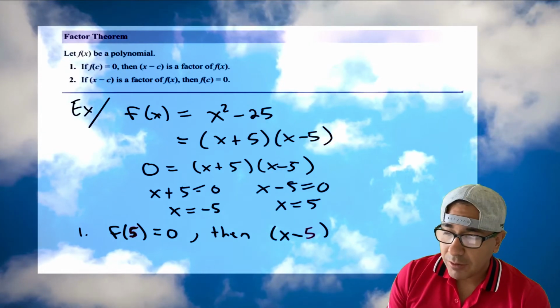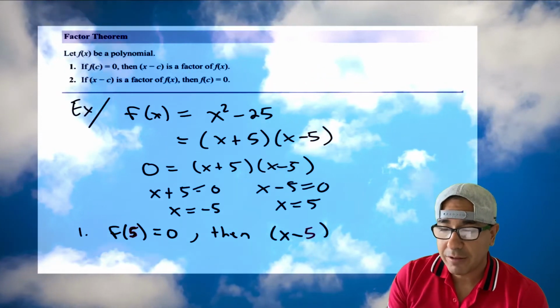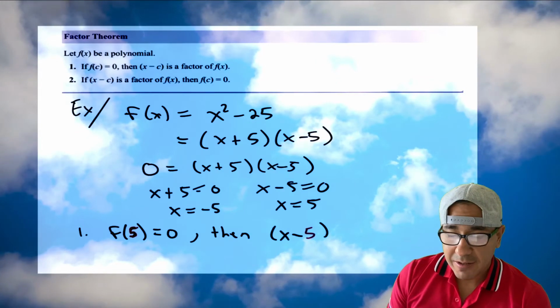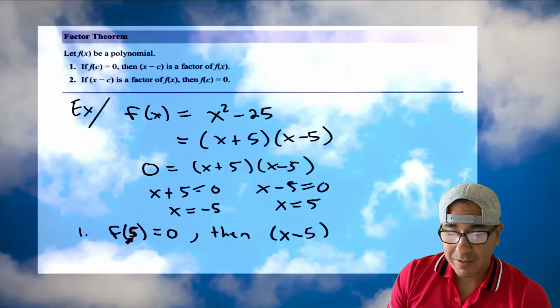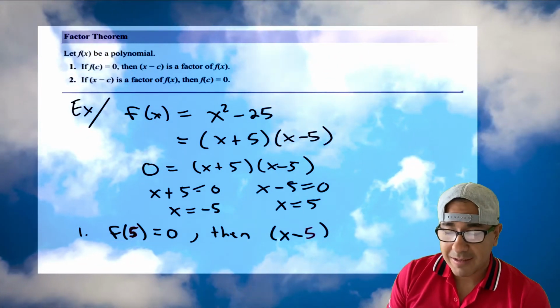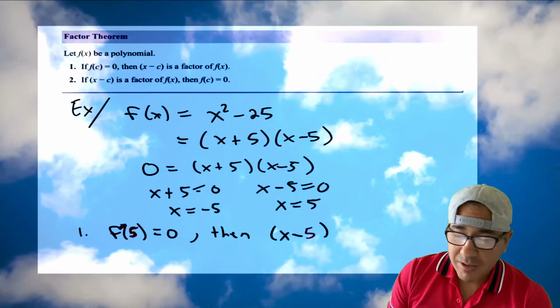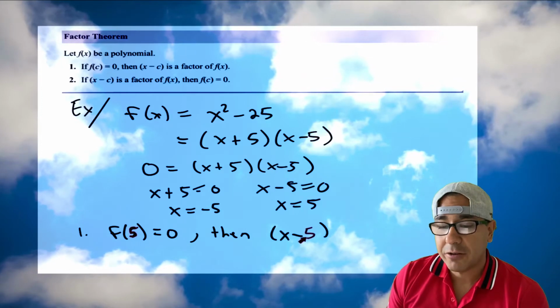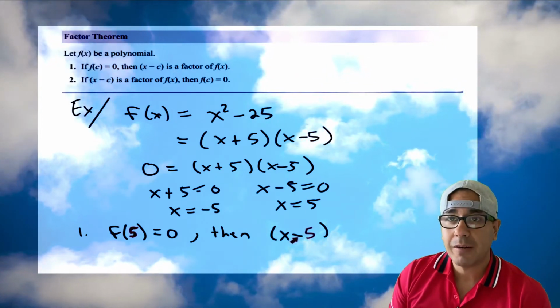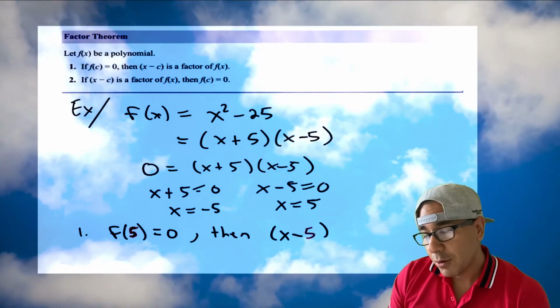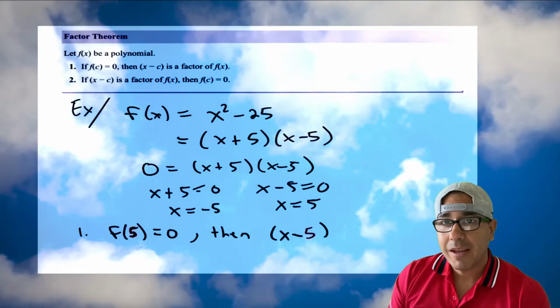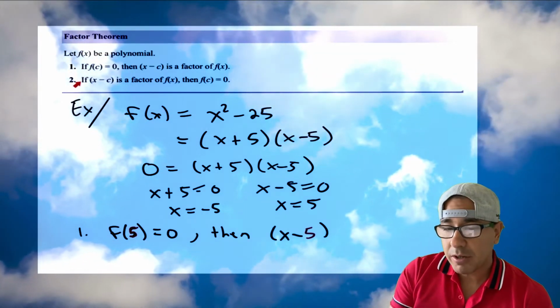And we already know that to be true because we factored this. All this theorem is saying is you give me a constant that's a zero, and I'll use that to find the factor of that same polynomial. Once you have one, boom, you automatically have the other. And this works both ways. That's what part 2 is all about.